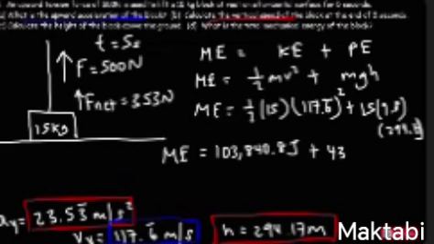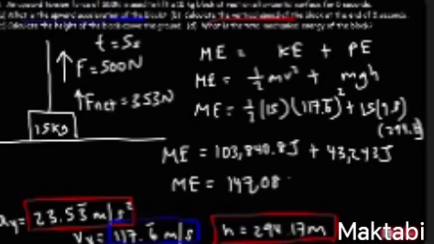So this is 43,242.99, but I'm going to round it to 43. So adding these two numbers, we'll get the total mechanical energy of 147,083.8 joules. So that is the total mechanical energy of the block 5 seconds later.